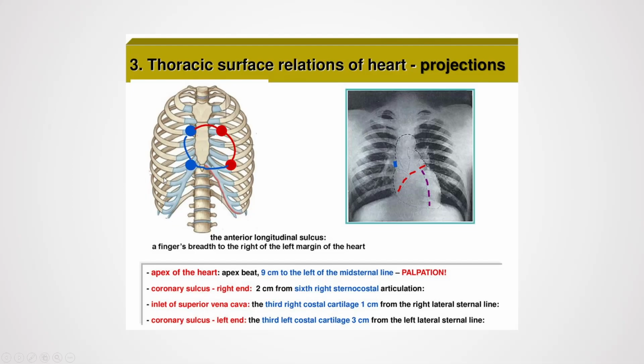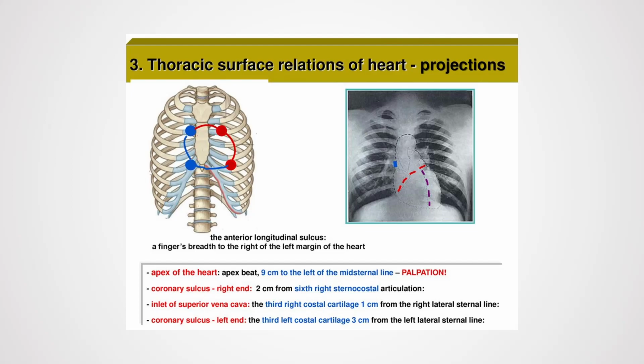The coronary sulcus, the right end, is 2 centimeters from the right sternal articulation, the lunette of the superior vena cava, here on the top. Here is the third right costal cartilage, 1 centimeter from the lateral sternal line.